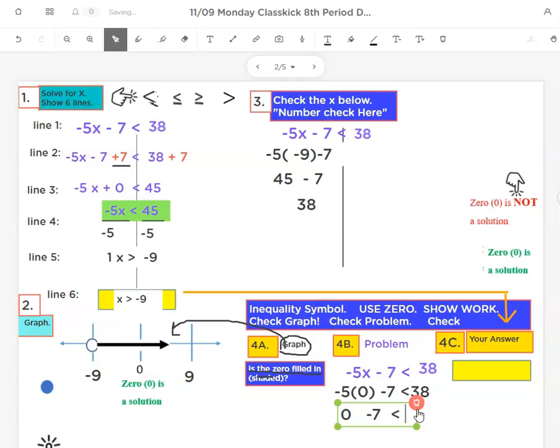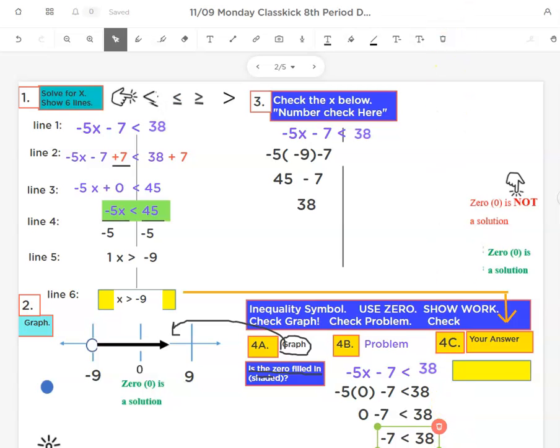However, maybe for some of you it's not the easiest number, because some students forget right here that 0 minus 7 is a negative 7. So right now we have negative 7 is less than 38.